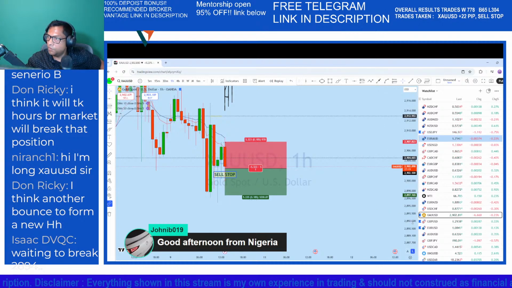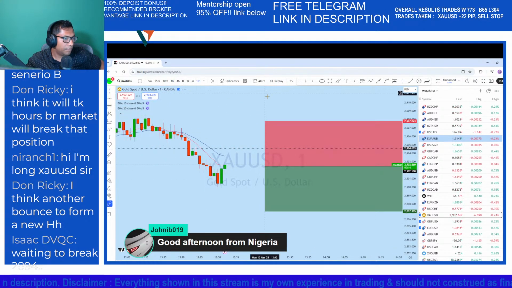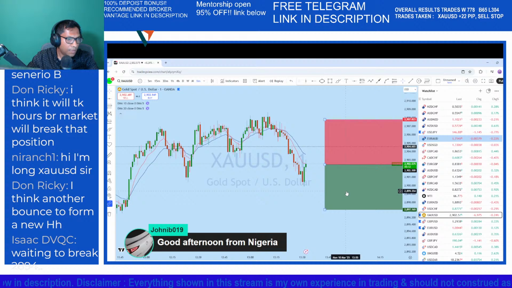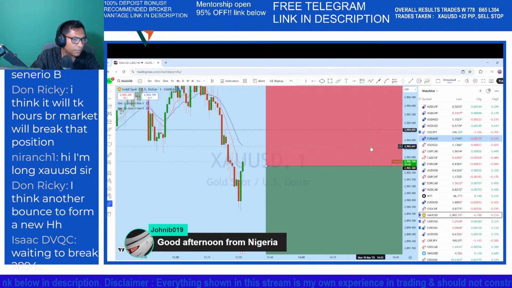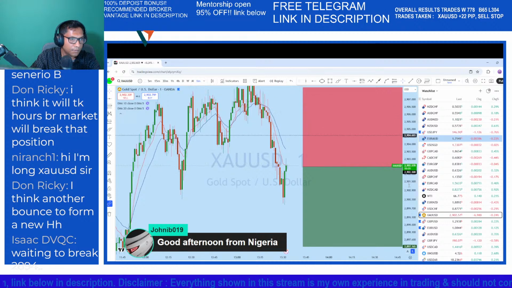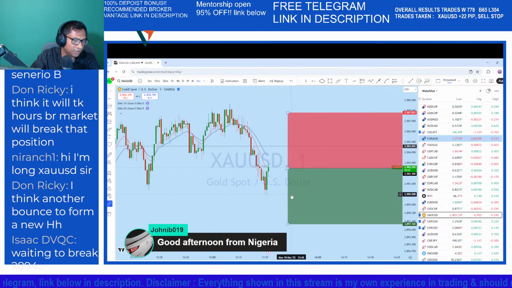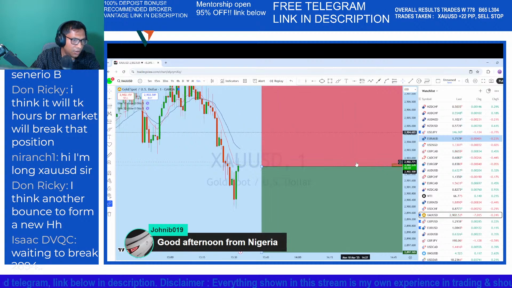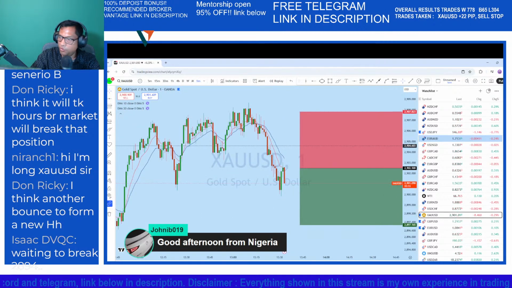Who's trying to bounce here. The price action, what I think there is still to be downward here. Okay, we can see that rejection coming.